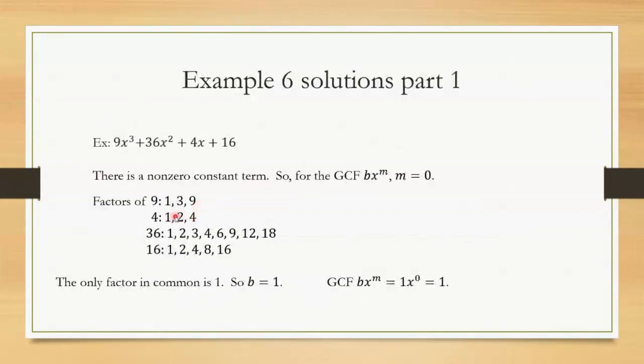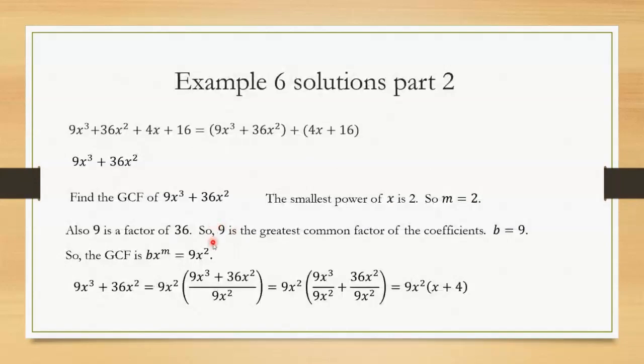I mean, even if you went back here and just looked at the 9 and 36 and forget the other two numbers, you would see 9 is the biggest common factor of 9 and 36. So for this one, the GCF, B would be 9. The GCF would be 9 times x squared. Okay? 9 times x squared.